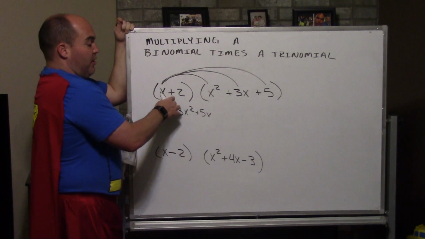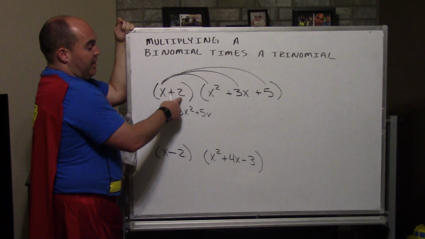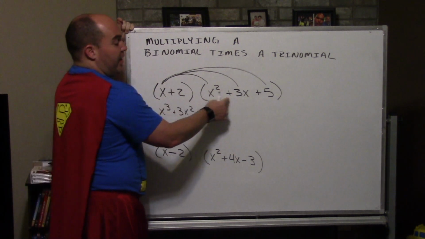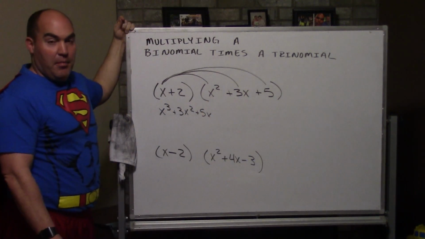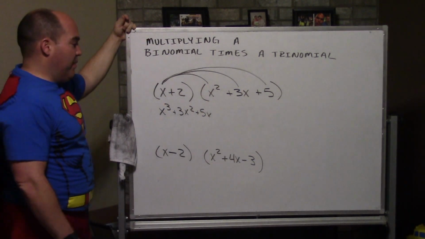Now, we also have this plus 2 that we've got to deal with. We've got to multiply it by every term in that trinomial, and you can't forget about anything.